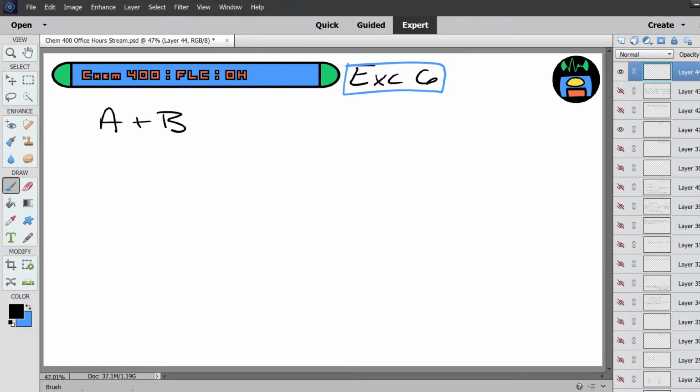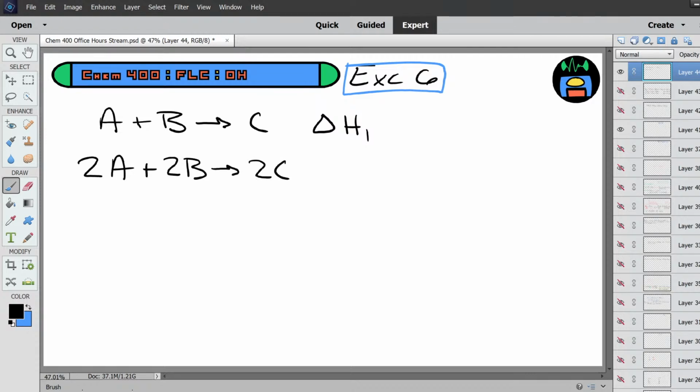If you have a reaction A plus B produces C, we'll call this delta H1. If you multiply everything in your reaction by the same number, your new delta H, which I'll call delta H2, will be equal to your first delta H multiplied by that number as well. So that's rule number 1.